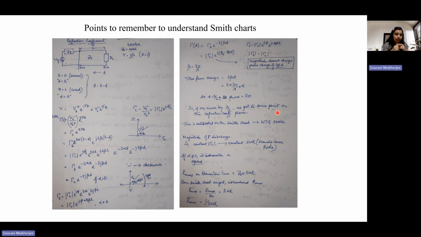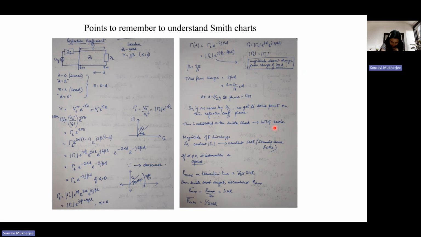So if you have to represent the reactances in the reflection coefficient plane or in the Smith chart, we would say that if we move by lambda by 2, we get to the same point. Okay. So this is calibrated on the Smith chart, and there comes this scale, which is this wavelength towards generator scale. Okay. Similarly, you can have a calibration with respect to the towards the load situation, and then you will have a wavelength towards load scale.